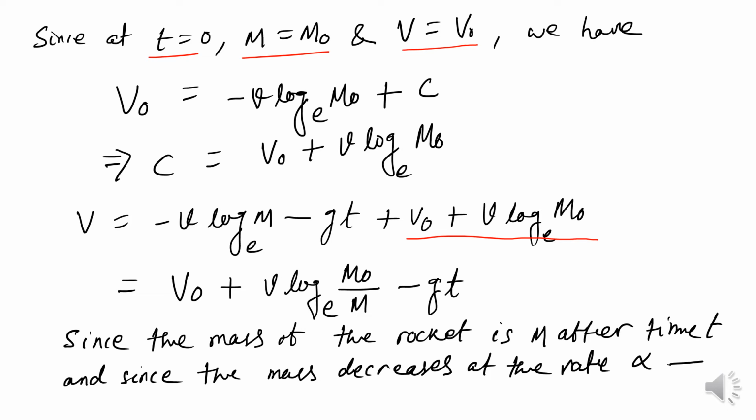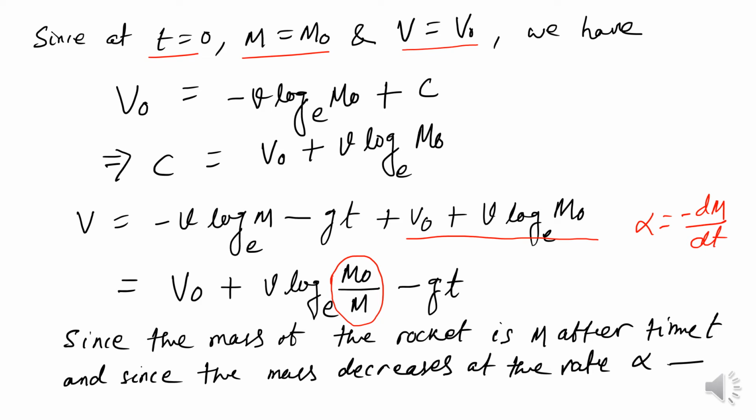Since the mass of the rocket is M after time t, and the mass decreases at the rate of alpha, we have already considered M0 by M, the change in mass with respect to the mass at a given instant of time, and we have defined alpha as the rate of change of mass with respect to time.